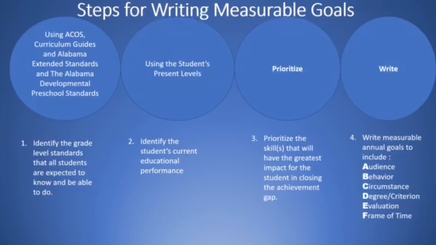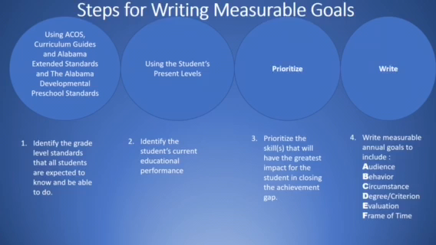After we've written our present level, we want to move on to writing our measurable goal. What we want to do is look at what everyone else in the grade level that the student is in is working on. The best tools for looking at this are either the Alabama Courses of Study or the curriculum guides and Alabama Extended Standards, and for a preschool child, the Alabama Developmental Preschool Standards.